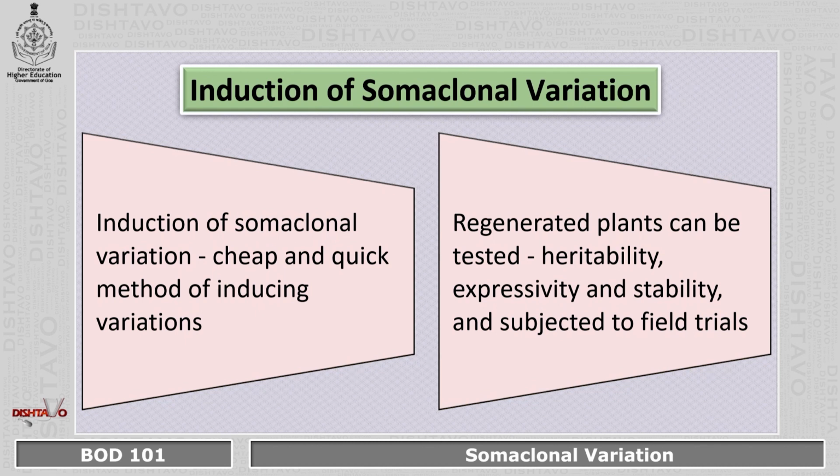Induction of somaclonal variation is a cheap and quick method of inducing variations. The regenerated plants can be tested for heritability, expressivity, and stability, and subjected to field trials.